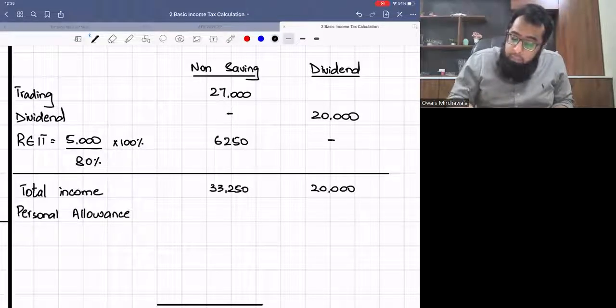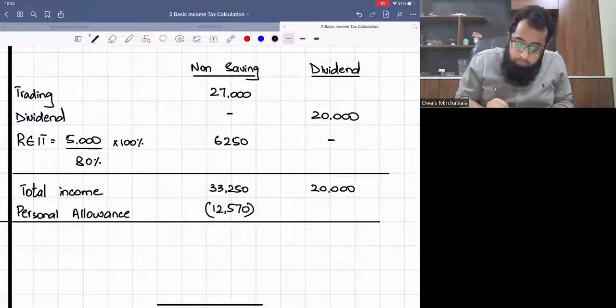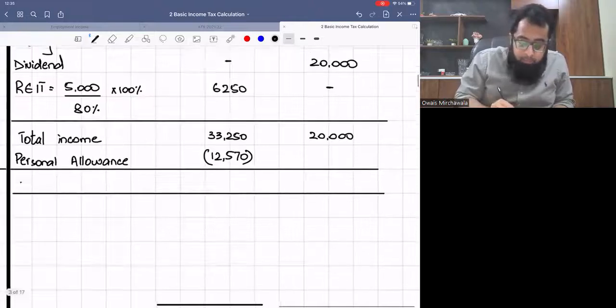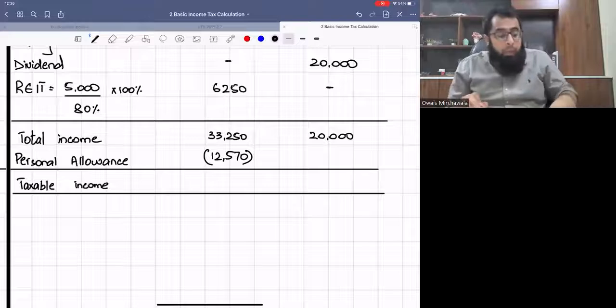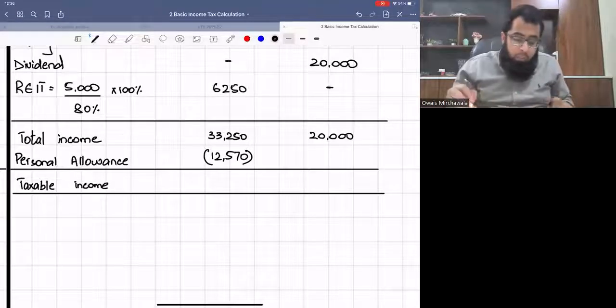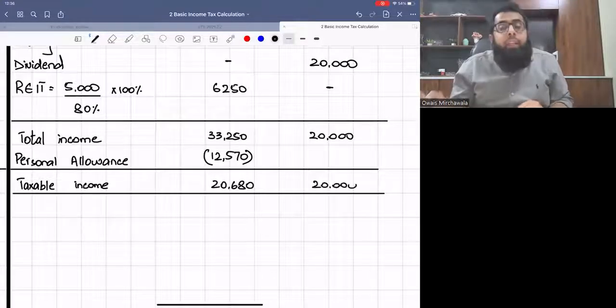The personal allowance is 12570. This gives us the taxable income of how much? 20,680, and here it will be 20,000.